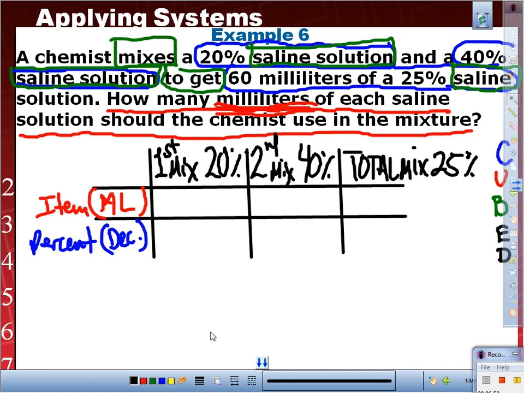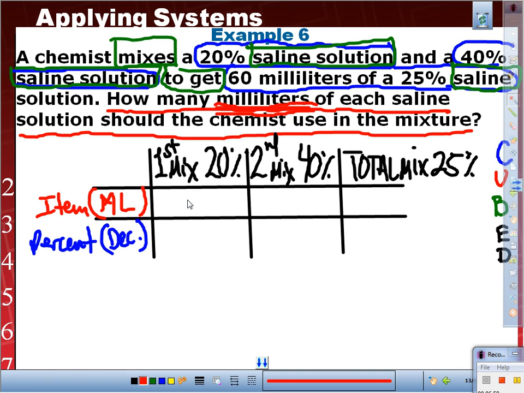So let's go with our item in milliliters. Do we know how many milliliters in the first mixture? What can we label that? 1. Okay. We could use numbers and variables, but won't we get confused when we start doing elimination?